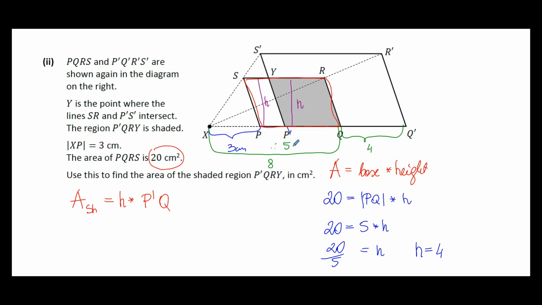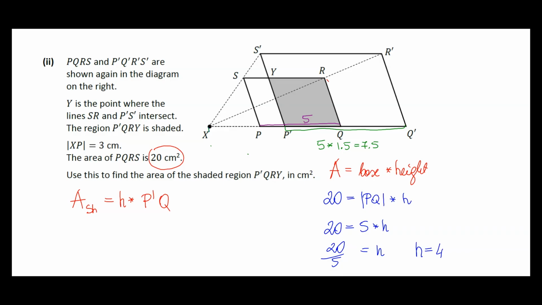Let's remove some of these colors because there are so many colors here that it will get confusing. I know this length is 5. I know that this length here, they got by multiplying 5 by the scale factor of 1.5. So they got 7.5. So that length is 7.5.